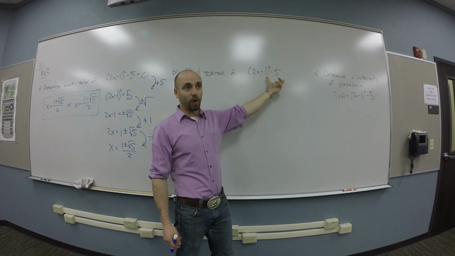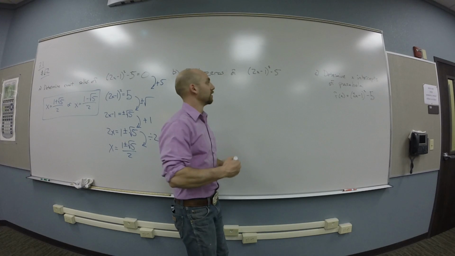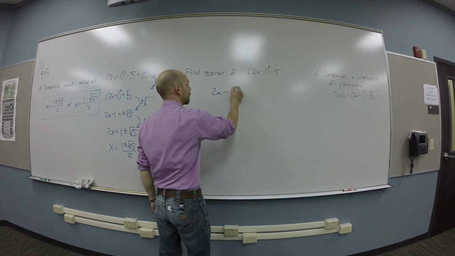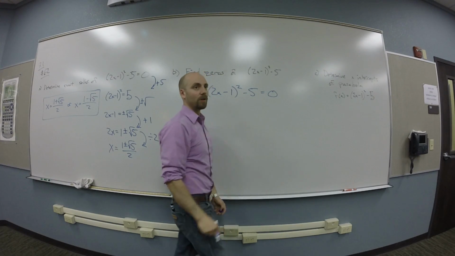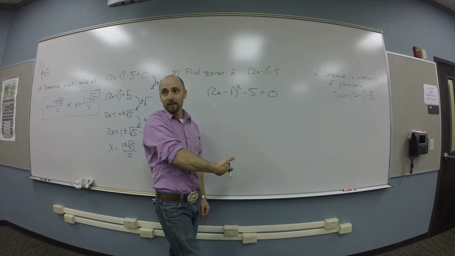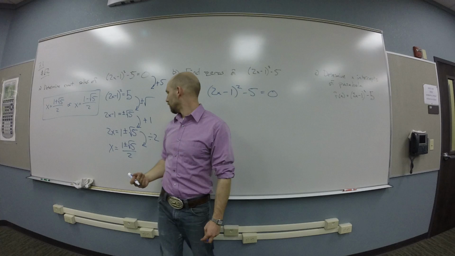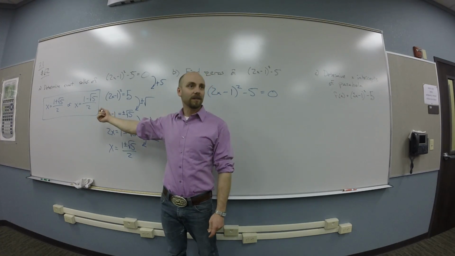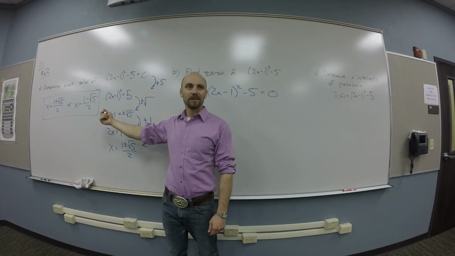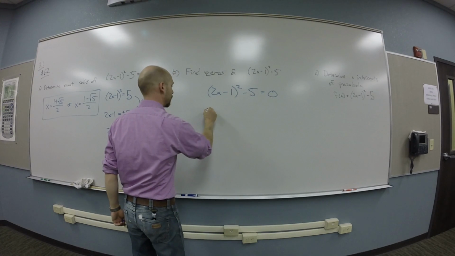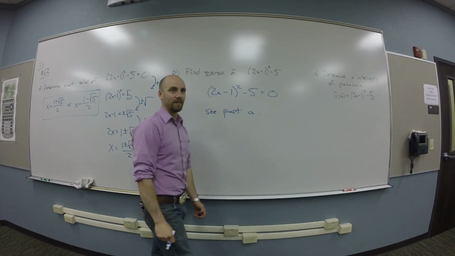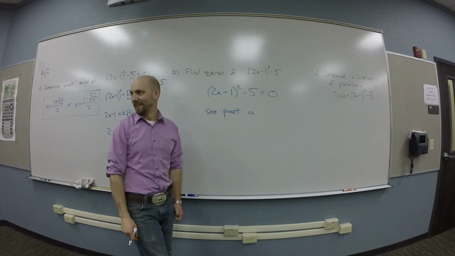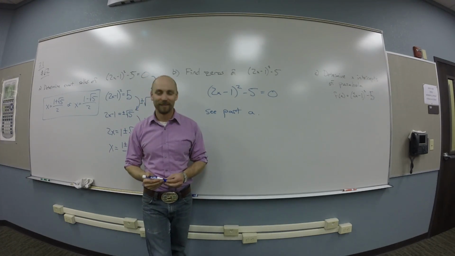It means when does this equal 0. So I just set the thing they asked me to find the zeros of equal to 0, and then I would solve. Oh, but I already did that. You see that? So for part B I can write same as A.